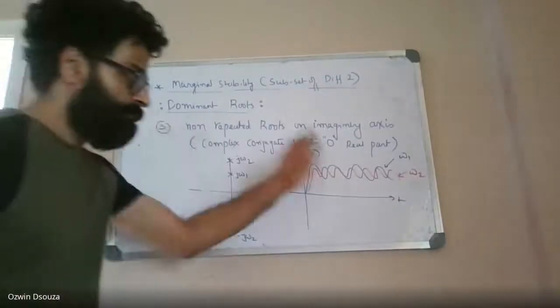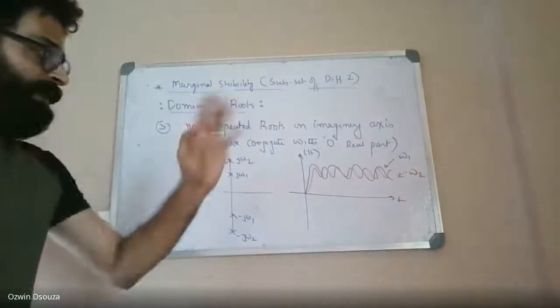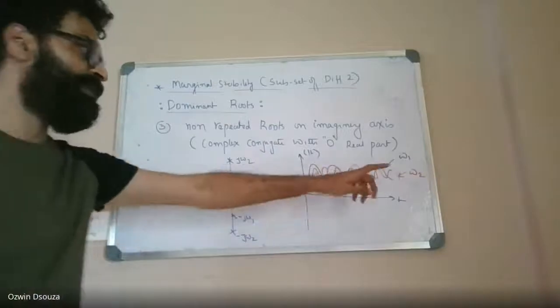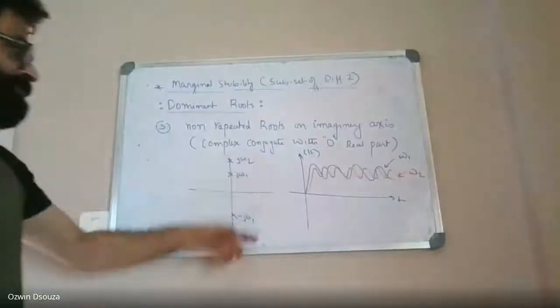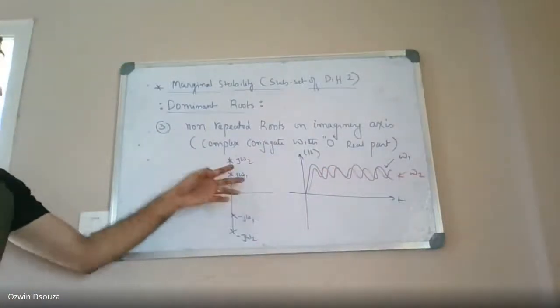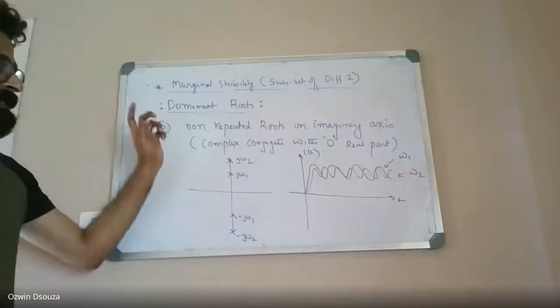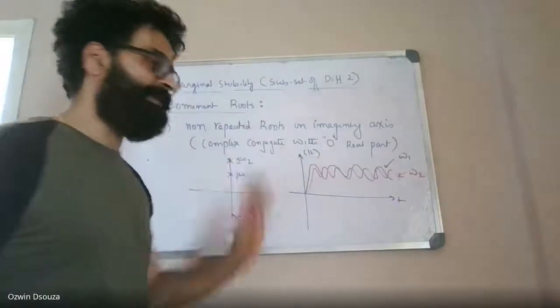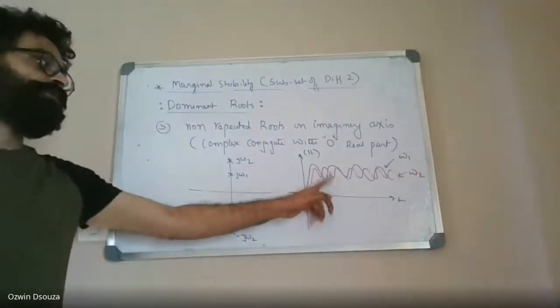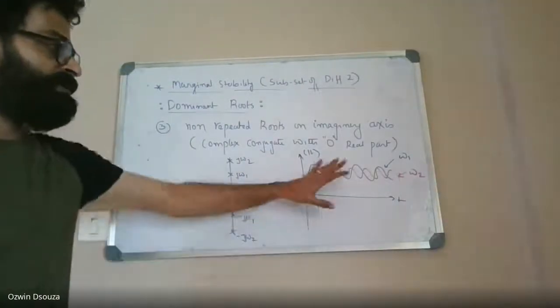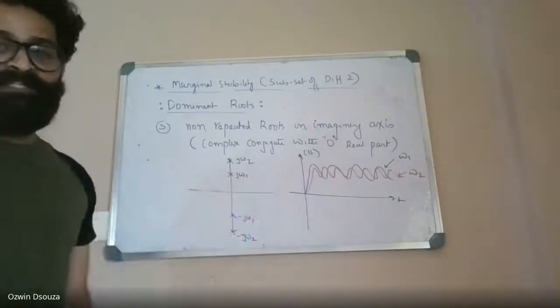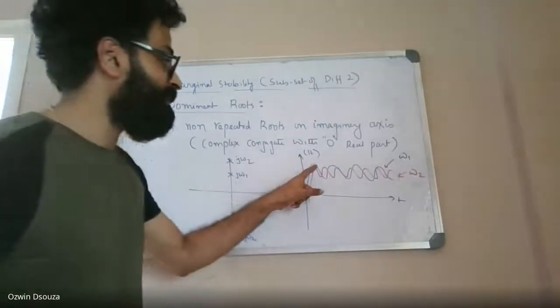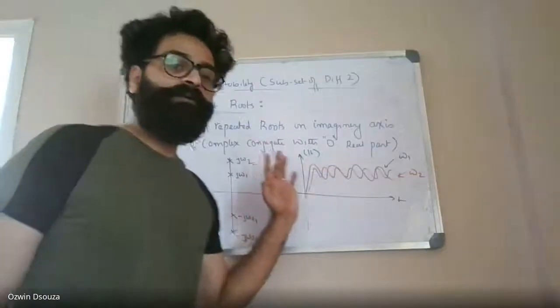So that is the second part, amplitude and the frequency. Of course, frequency is omega 1 and omega 2 because you can clearly make out that the vertical distance along y-axis is omega 1 and omega 2. So this vertical distance corresponds to frequency. Now, what do you call this type of system? Again, it's a marginally stable system. That's because the system is neither unstable nor stable.